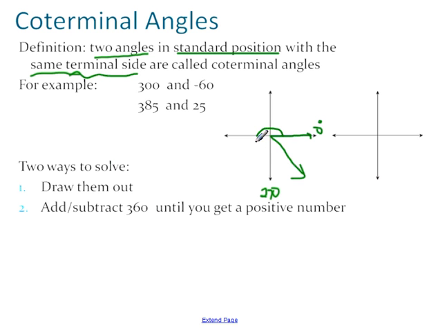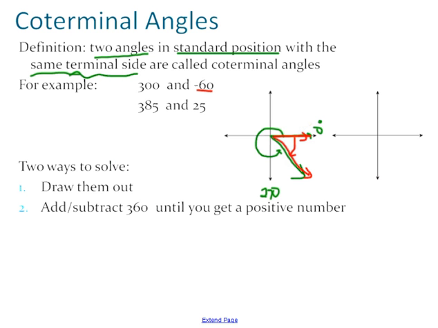Then we draw our arrow, and this is how we got 300 degrees. Now, negative 60, we're going to start here again as well, but we're just going down 60 degrees. So it's going to come down that direction, clockwise, and it's going to stop at the same place. So those are coterminal because they start and stop at the same place when you're measuring these two angles.